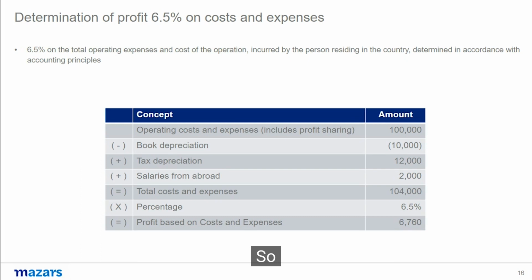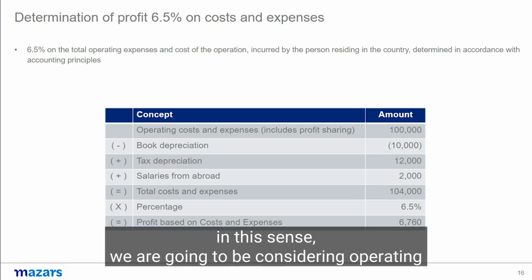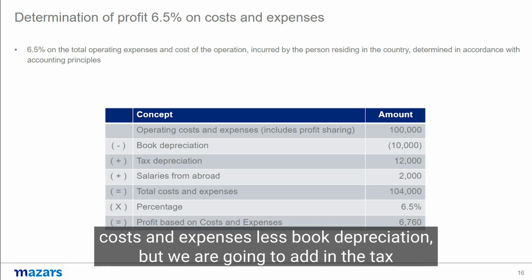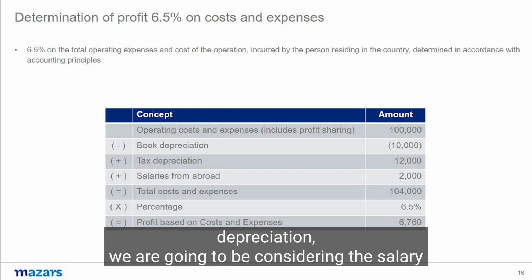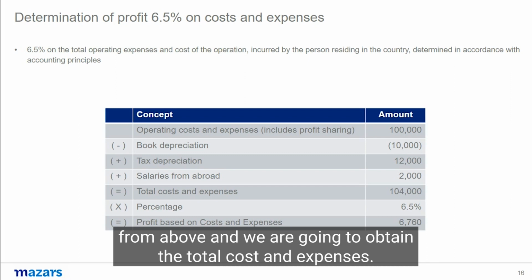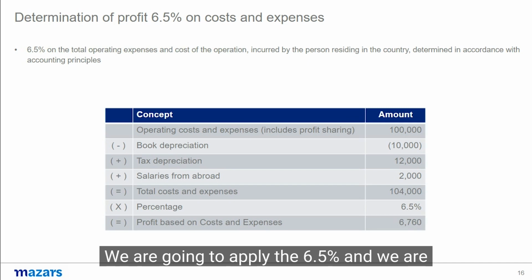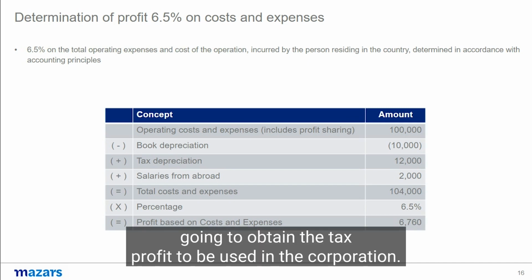So in this sense, we are going to consider operating costs and expenses, less the book depreciation, but we are going to add the tax depreciation. We are going to consider the salary from abroad, and we are going to obtain the total cost and expenses. We are going to apply the 6.5%, and we are going to obtain the tax profit to be used in the comparison.